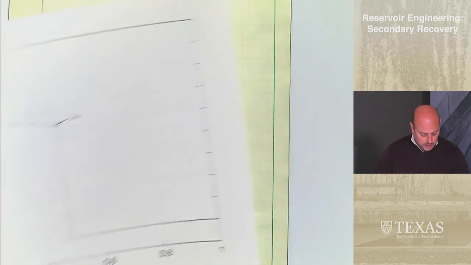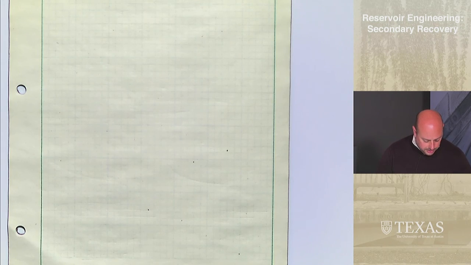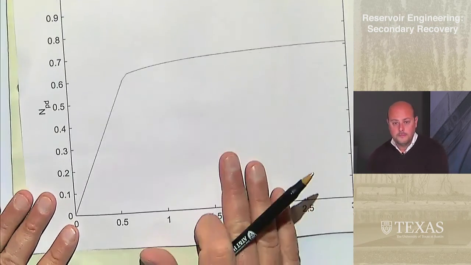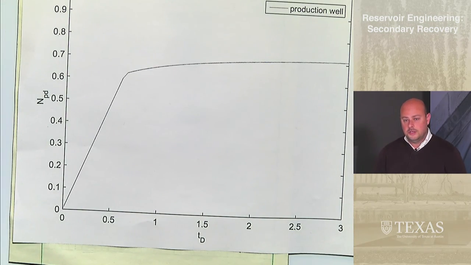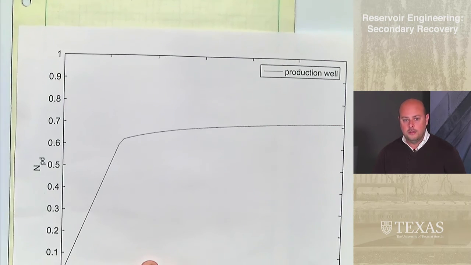And I'll come back to this, but I'll show you what the plot of dimensionless oil recovery versus dimensionless time is. So we're talking about at the producer well, and it's the dimensionless oil. So it's the oil recovered divided by the pore volume. So that can never be greater than 1.